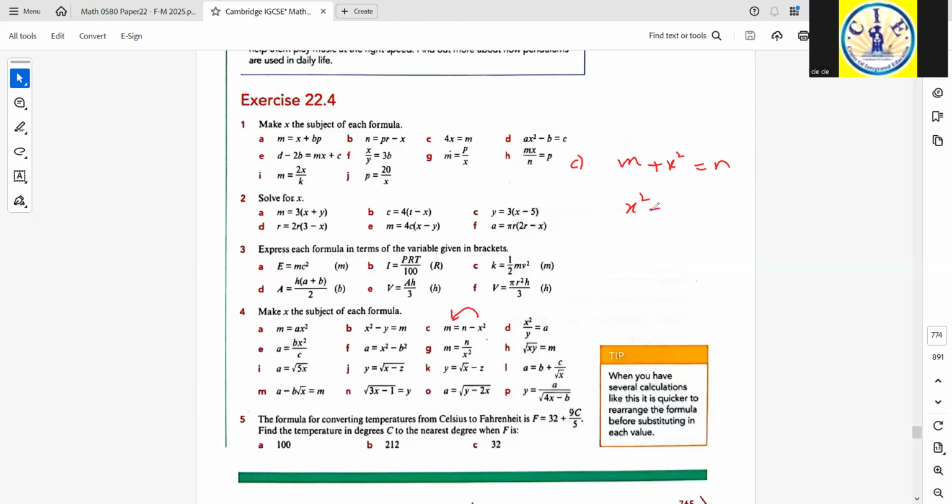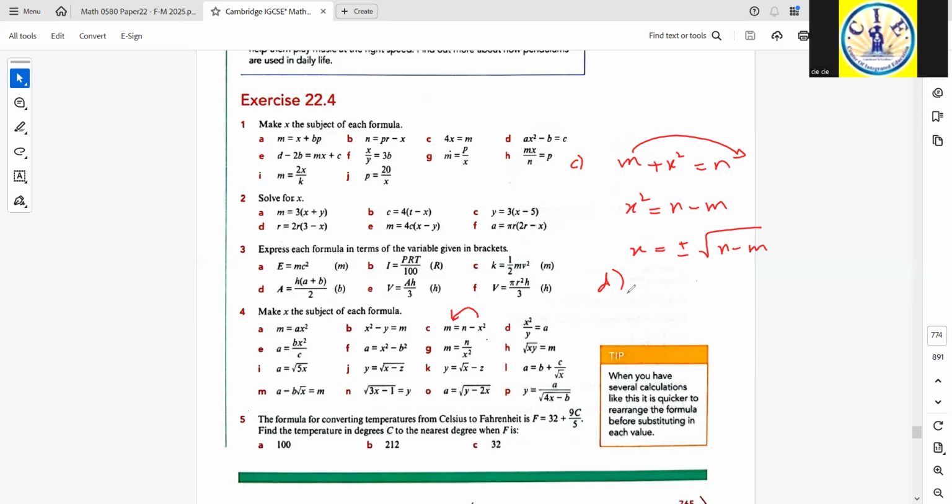Now x squared will be equal to n minus m by shifting this m to the other side. And now again I need to get rid of this square sign. For that I need to take the square root on both the sides. So the square root of n minus m, that is the value of x.